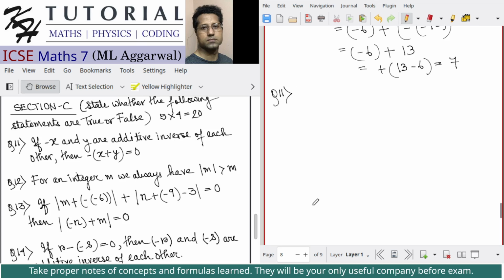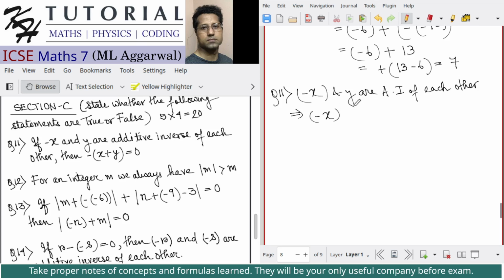If minus x and y are additive inverse of each other, then it is saying that negative of x plus y is equal to 0. We know that if two integers are additive inverse of each other, the sum of an integer and its additive inverse is always equal to 0.